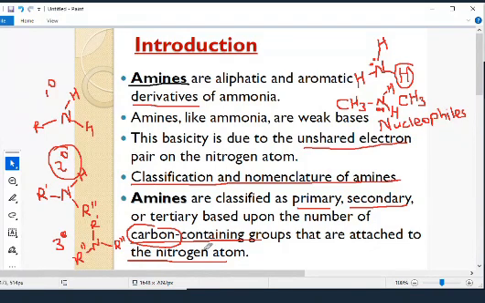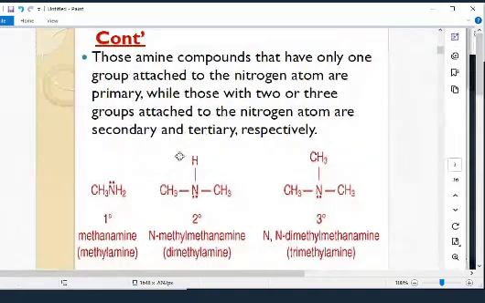So if you look at it like that, then you can know whether it is first degree, or 1 degree, 2 degree, or 3 degree. Maybe you can look at examples. In our case here, those amine compounds that have only 1 group attached to the nitrogen atom are primary.